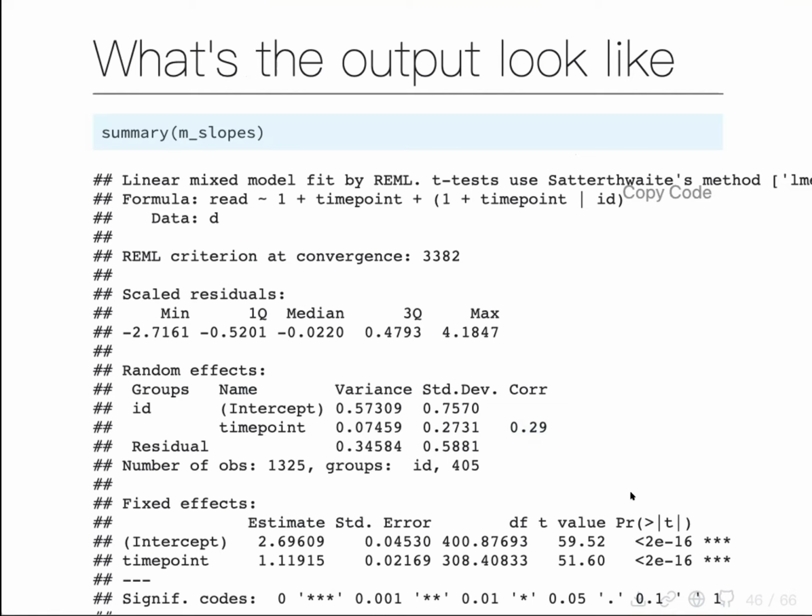But yeah, I would probably just ignore those fixed effects correlations unless there are reasons you need to dig into it, which would probably be more like if you're having model fitting problems. Okay, other questions?